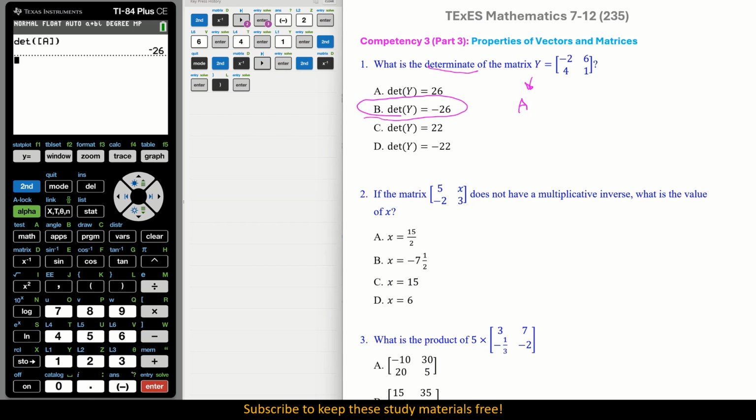If the matrix 5x -2, 3 does not have a multiplicative inverse, what is the value of x? This means that I can set it equal to 0. Okay? Up here for number 1, it is not equal to 0 because it has a value of -6.